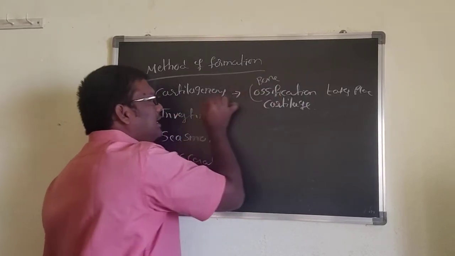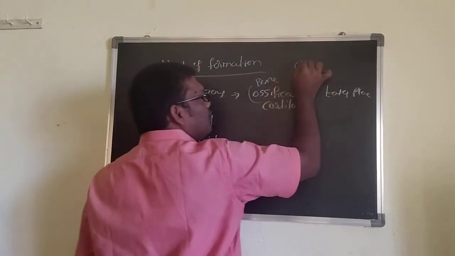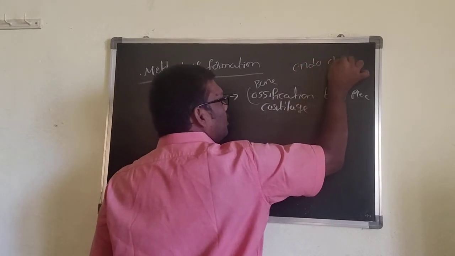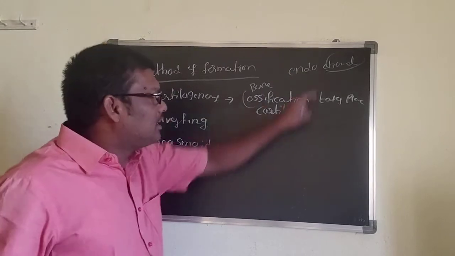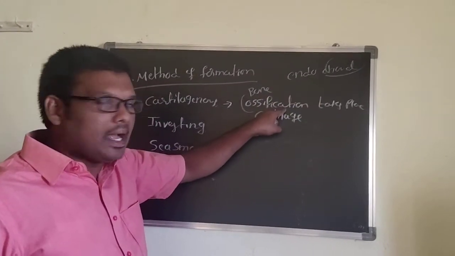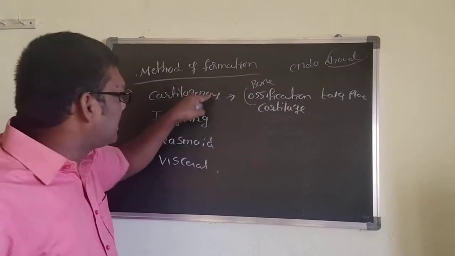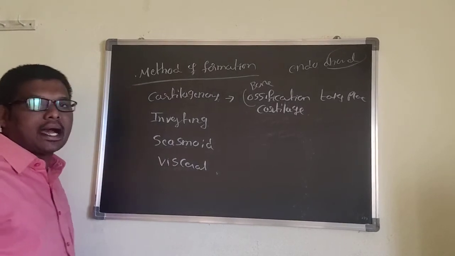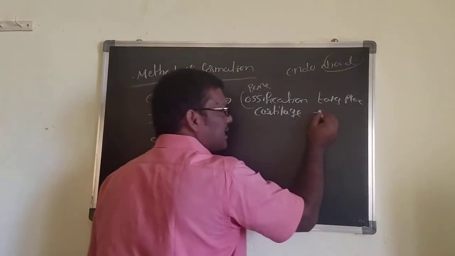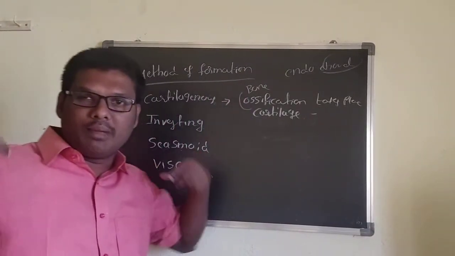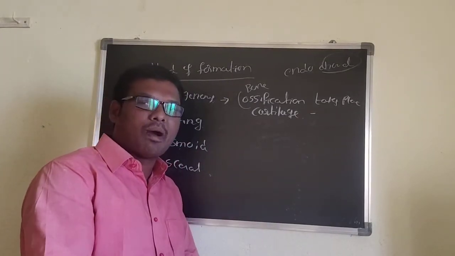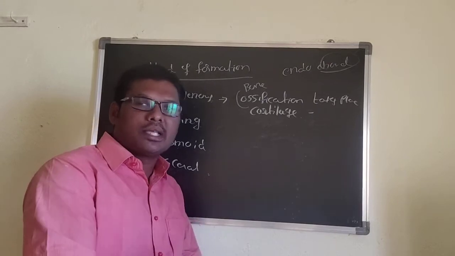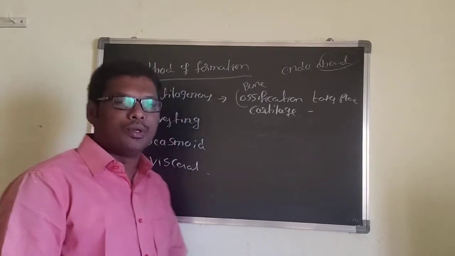That's why it is also called endochondral bone; chondro indicates cartilage. That type of bone is called cartilaginous bone. The best example is the limbs. Our forelimbs and hind limbs in the embryo are made up of cartilage. Later they are ossified and turned into bones.